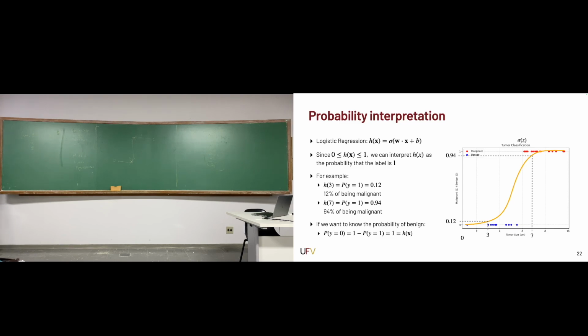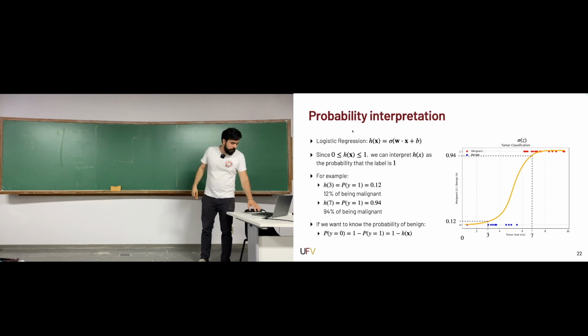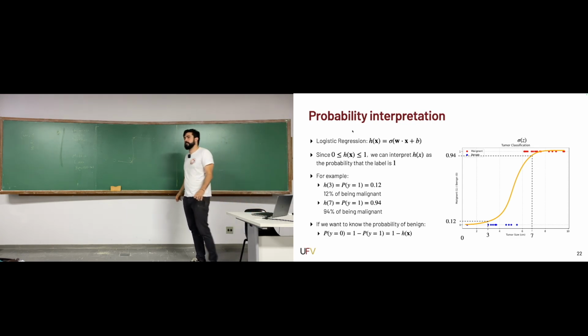Oh, this should be a minus, sorry. So even though my model represents the probability of the label being 1, I can compute 1 minus that to get the probability of the input being benign, in this case label 0. Questions? Okay.